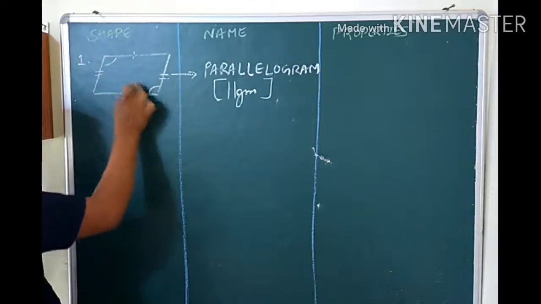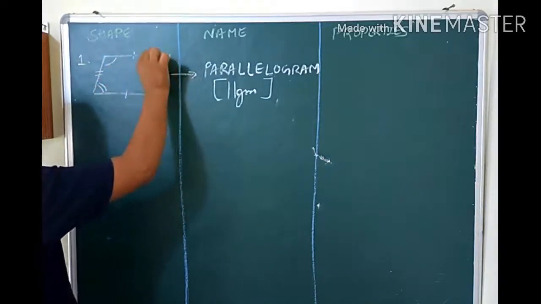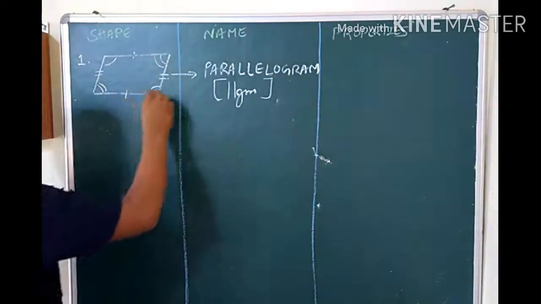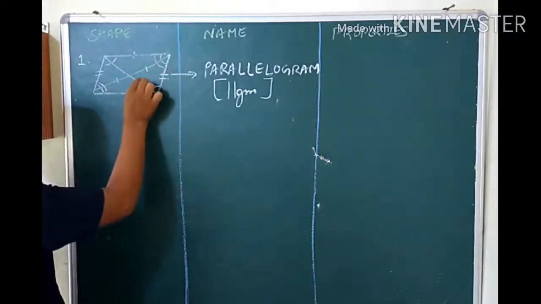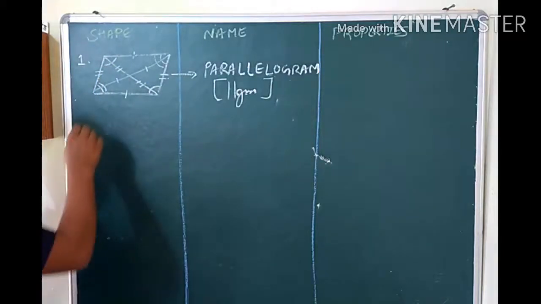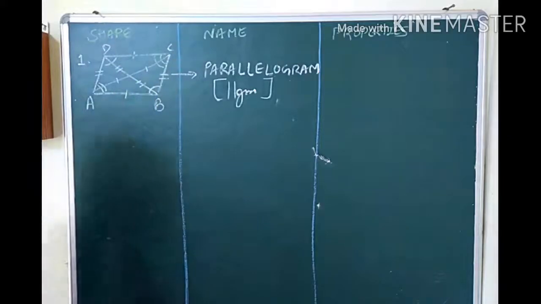These 2 opposite angles are equal. And these 2 opposite angles are also equal. And the diagonals bisect each other, which means this portion is equal to this portion and this portion is equal to this portion. Now children, name this parallelogram A, B, C and D. Now we should write down their properties.